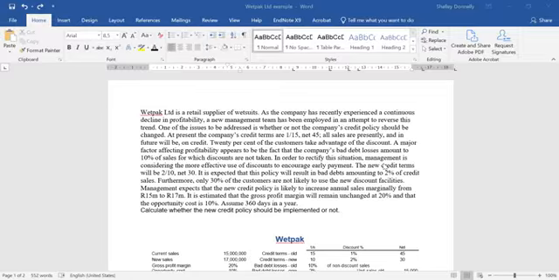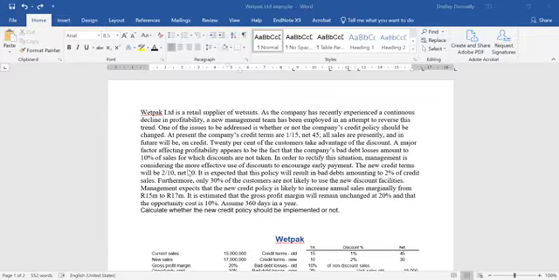So to rectify the situation, management are considering a more effective use of discounts to encourage early payment. They're considering new credit terms of 2/10, net 30. So they're upping the incentive to pay early by saying you can get 2% off the sale price if you pay within a shorter period of 10 days, and then otherwise you have to pay in full in 30 days.